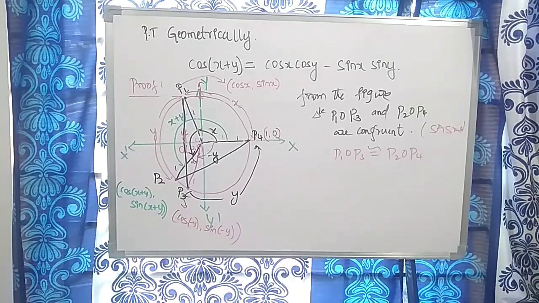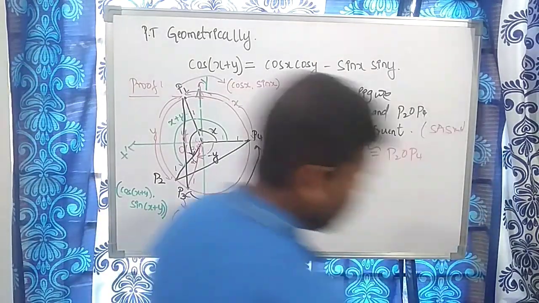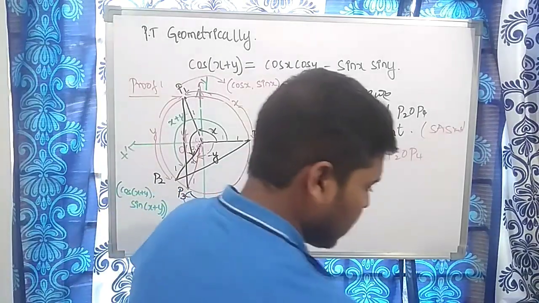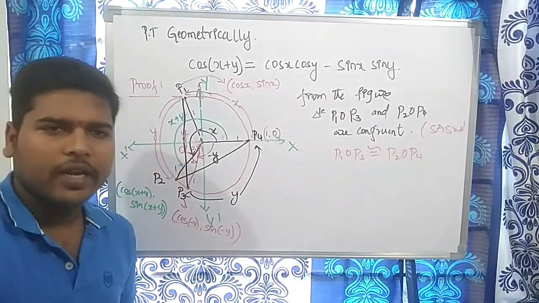I hope all of you understand. Then we know if two triangles are congruent, the corresponding sides are equal.